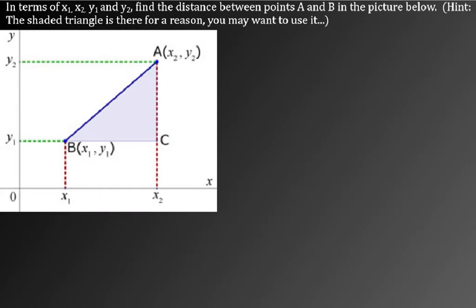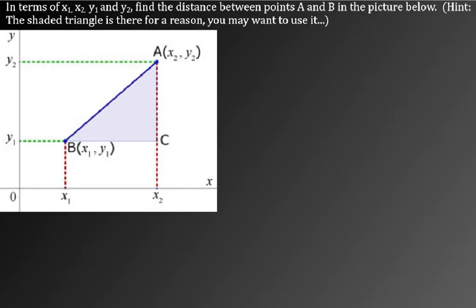All right, so today I want to talk about how we classify the equations of these four different things. To start off, this might not seem like we're talking about any one of those four graphs, but this is actually related to one. In terms of x1 and y1 and x2 and y2, I want to find the distance between A and B here, okay?